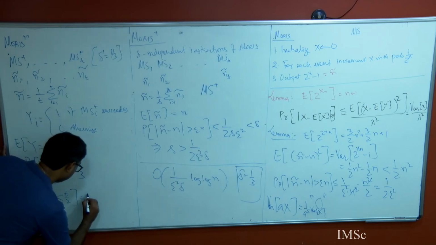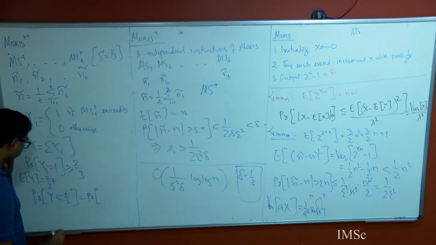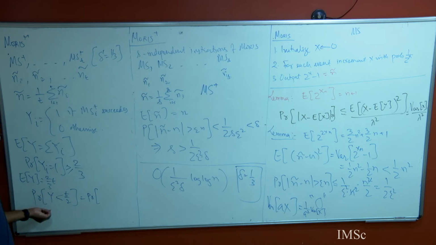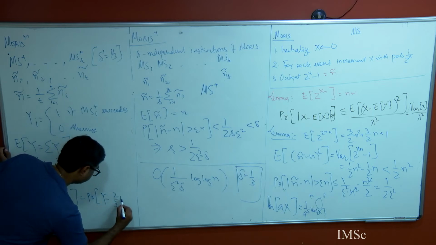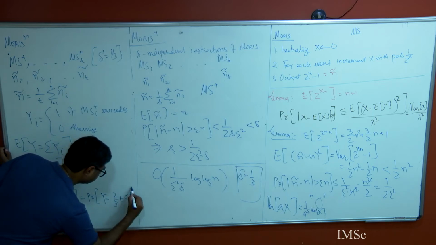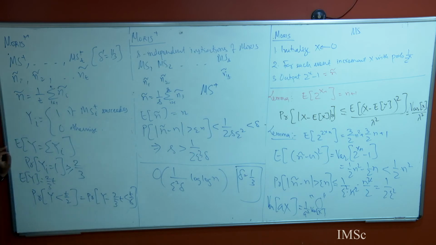What is the expectation of this? 2/3. So if I have to write it in a way, then what will it be? Is this correct? I just rewrote this.